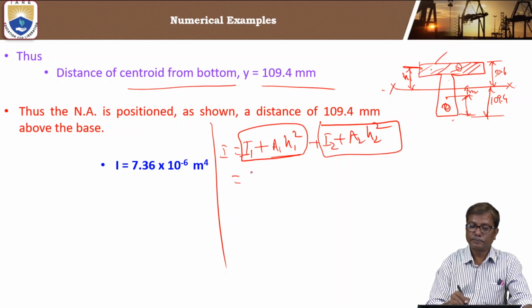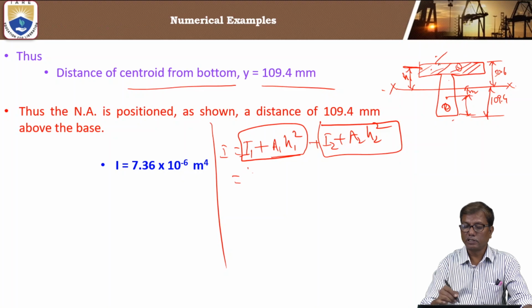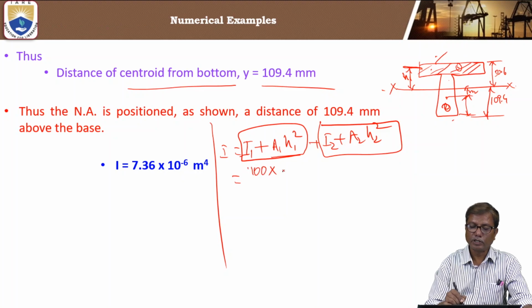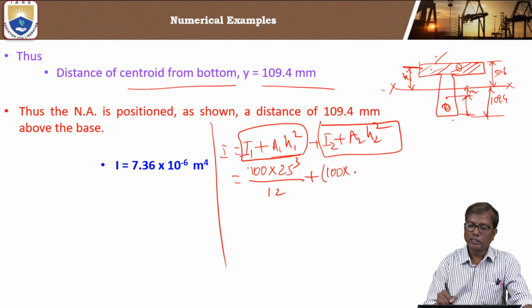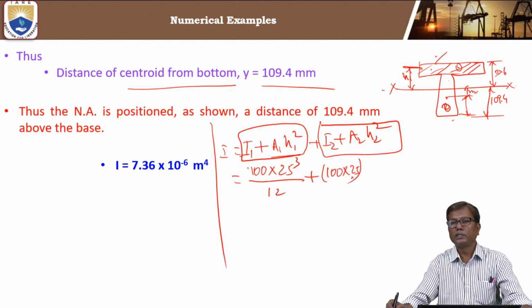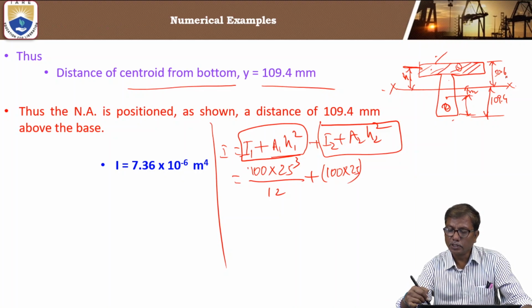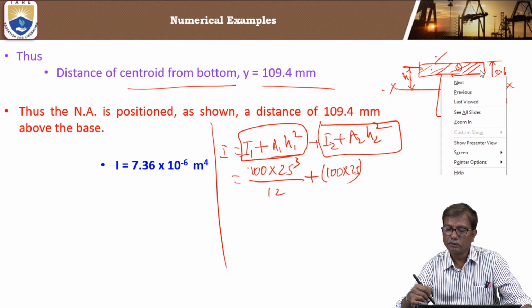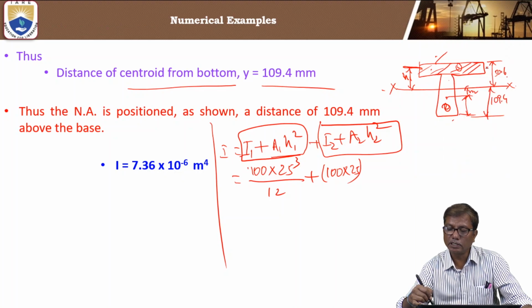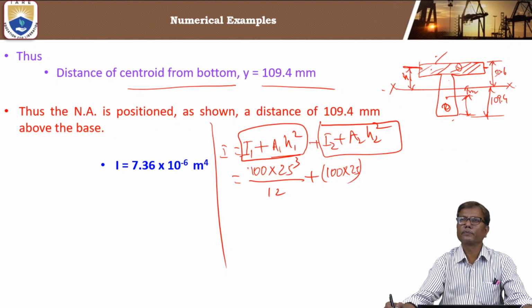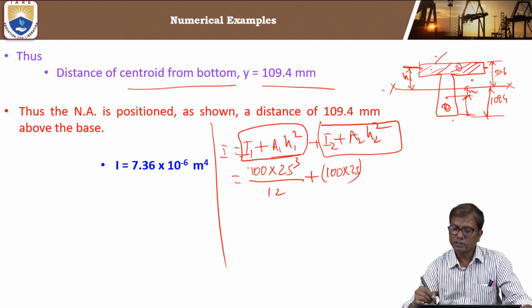What is I1? Width is 100, depth is 25, BD cube by 12 plus area of flange into H1. H1 means 50.6 here, 50.6 minus 12.5, because the centroidal axis is 12.5 mm below top.